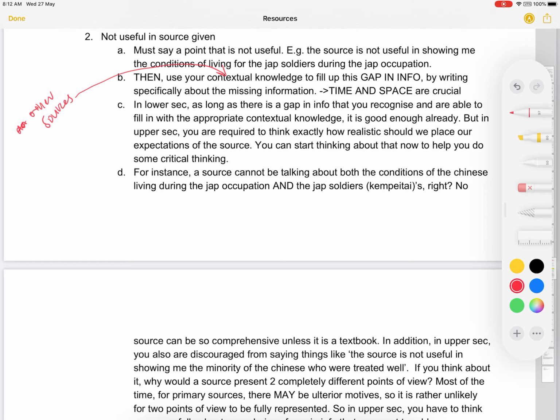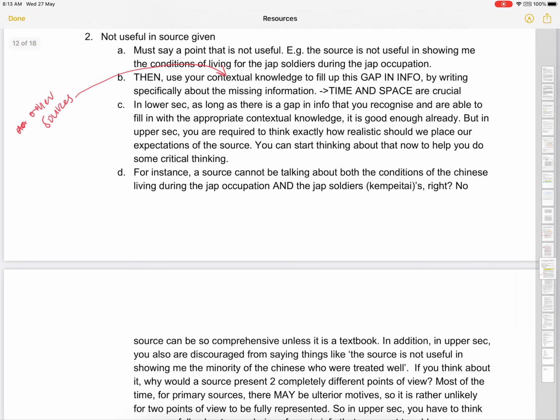Time and space are crucial. Remember your dates, your specifics, numbers, everything. And in lower sec, as long as there's a gap in info that you recognize and are able to fill in with the appropriate contextual knowledge, it is good enough already. But in upper sec, so we're kind of digressing here, you are required to think exactly how realistic we should place our expectations of the source. Well, you can start thinking now to help you do some critical thinking.